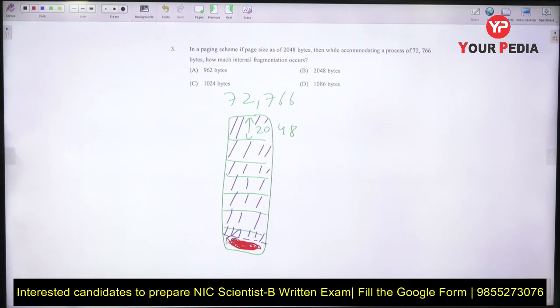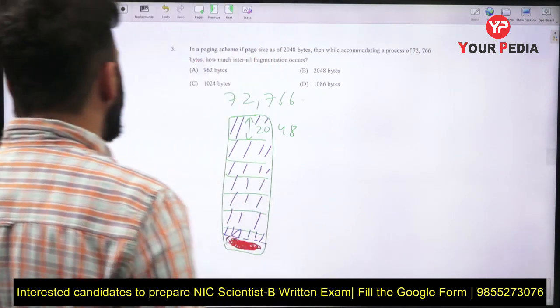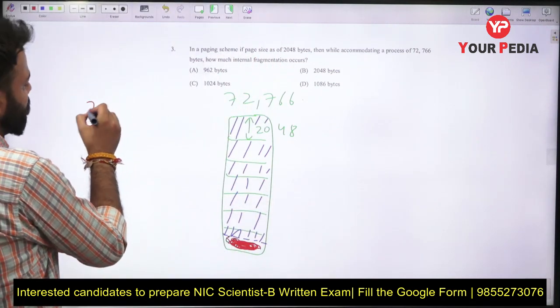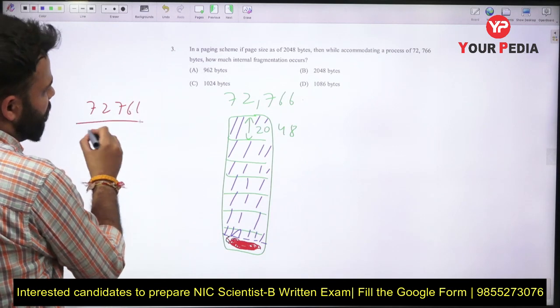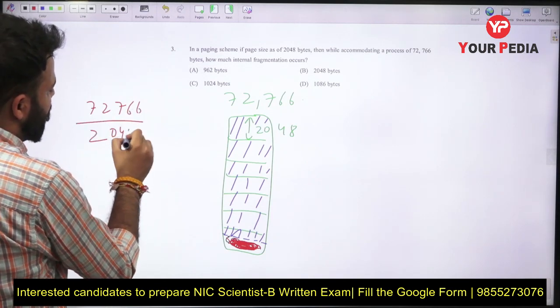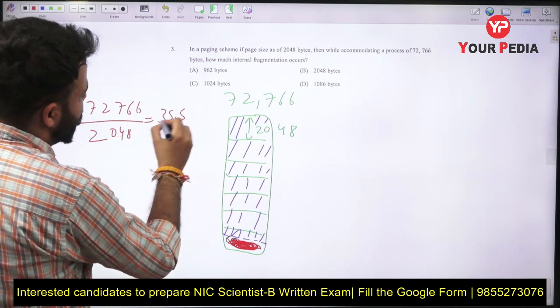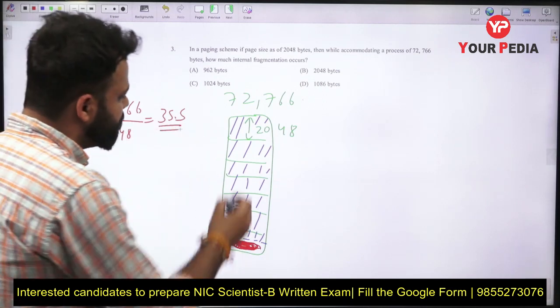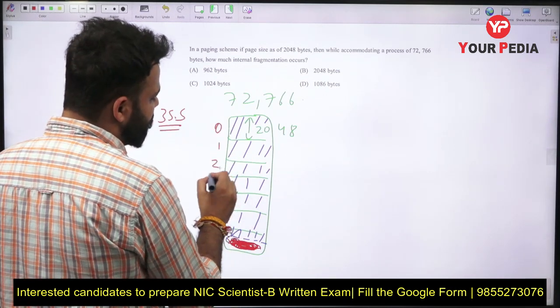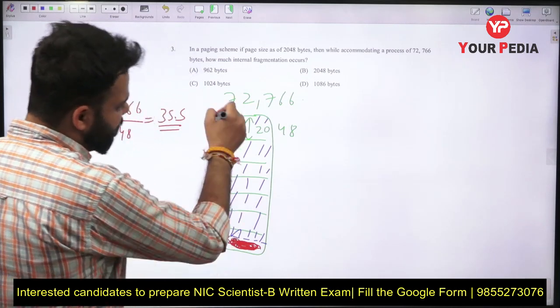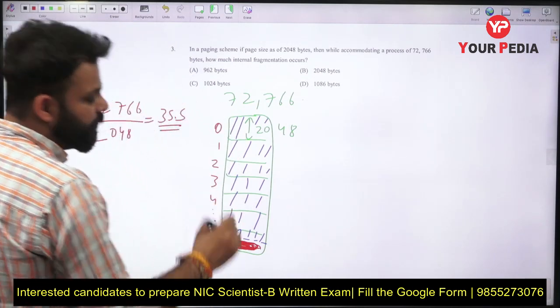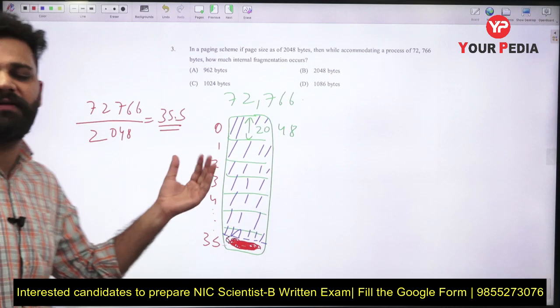Now if you want to solve this, first of all see how many pages will be required. 72766 divided by 2048 comes out to be about 35.5. So total how many pages will be required? 36 pages will be required. If we start the numbering from 0, the numbering will go till 35, so total 36 pages are required.